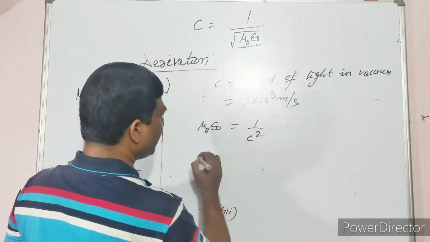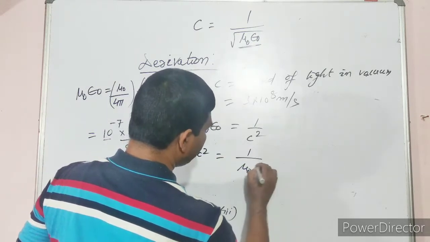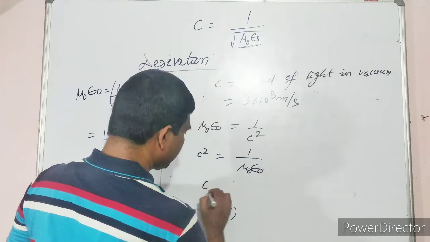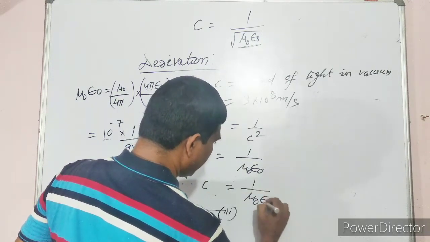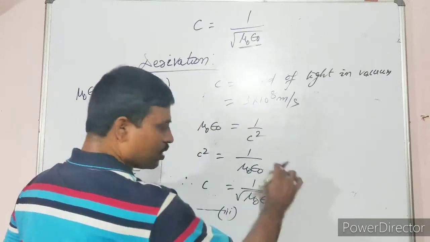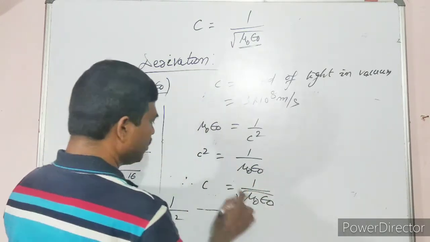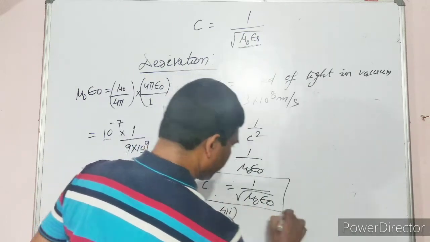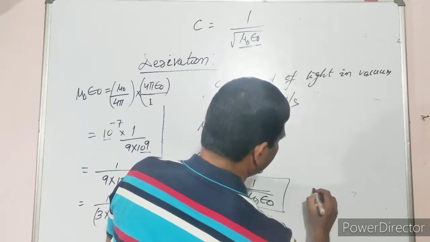So how can you write? c square is equal to 1 by mu naught epsilon naught. Therefore c is equal to 1 by mu naught epsilon naught, the total square root. If you take the total square root, square root of 1 is 1, so you will get this. It is proved, or you can write derived.